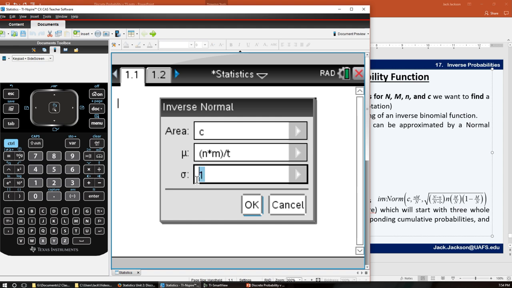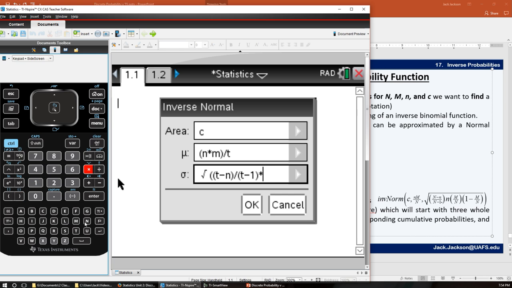Now the standard deviation is a square root of, all right, this is kind of complicated, so let's see. We want to put in parentheses t instead of a capital N, minus a little n, close parentheses. A lot of attention to detail here. Divide by open parentheses, capital N, that's t, minus 1.